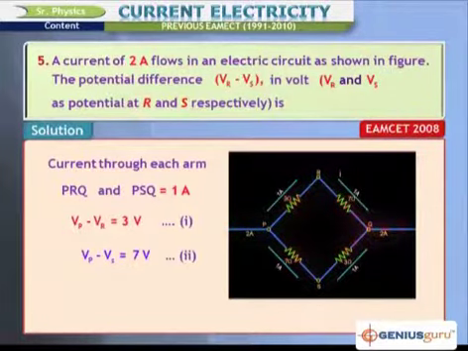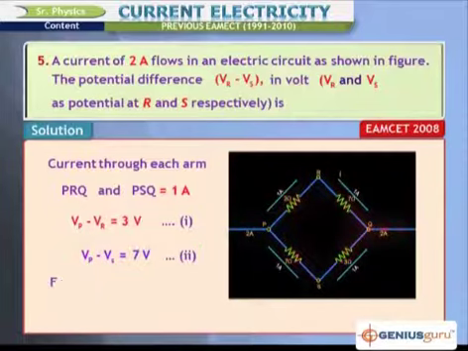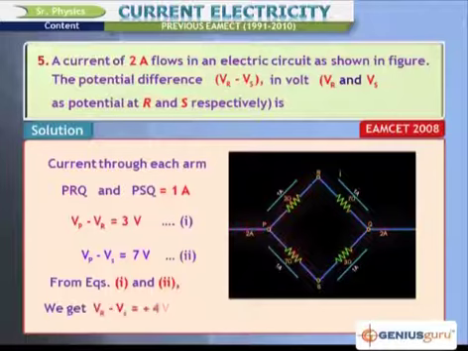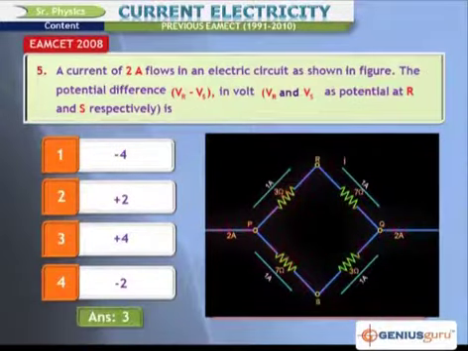Therefore, we have Vp minus Vr is 3 volt, let us take it as first equation. Vp minus Vs is 7 volt, let us take it as second equation. From equations 1 and 2, you will get Vr minus Vs as plus 4 volt. Therefore, the correct option would be 3.